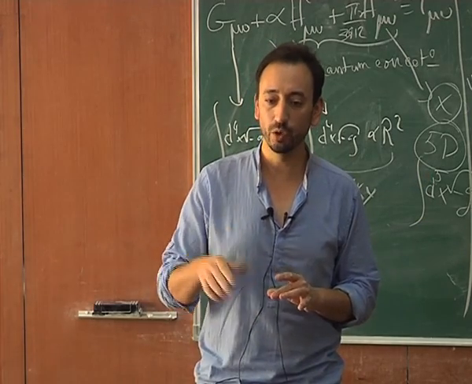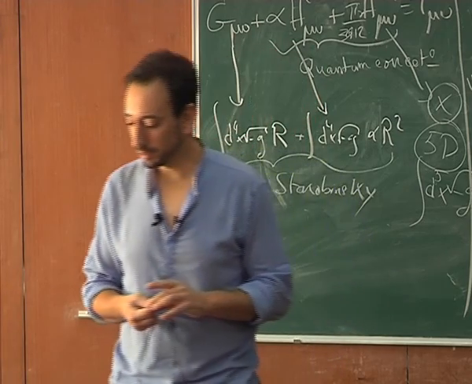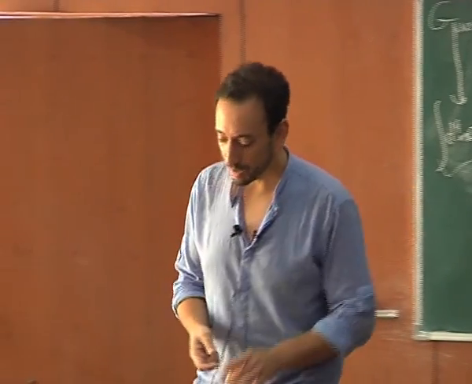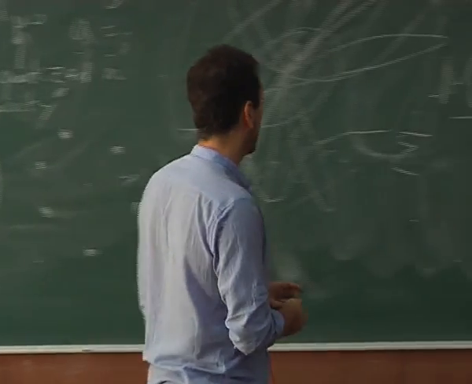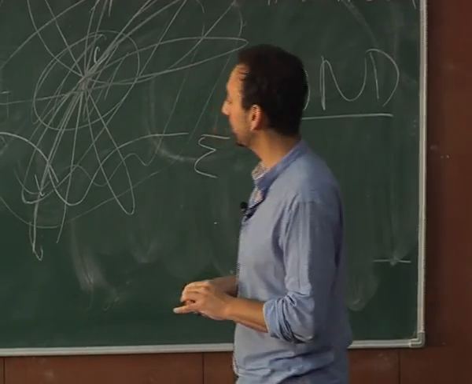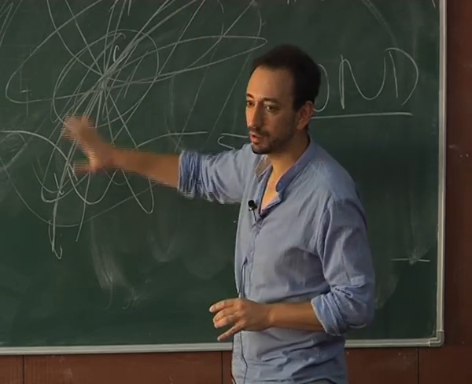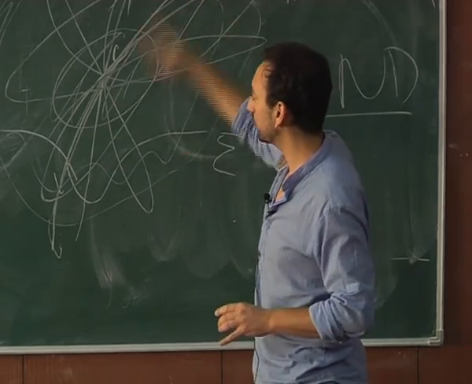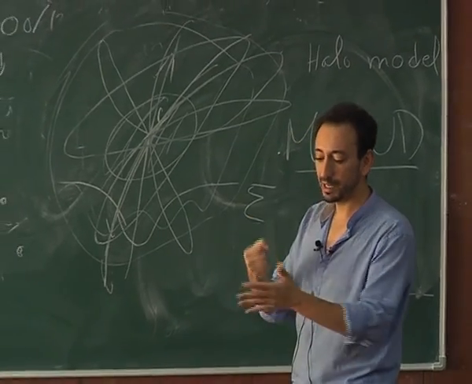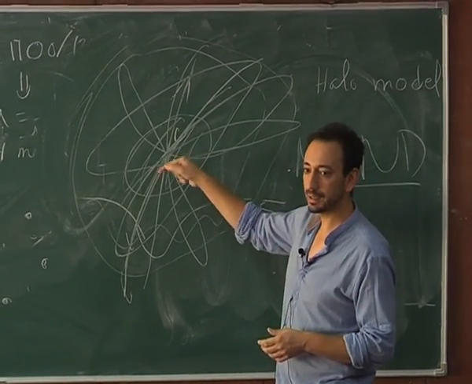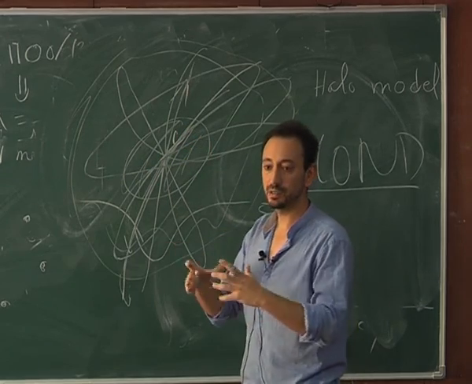But they have to be at low energy enough. We need cold dark matter. Cold dark matter means that the dark matter has a small velocity. Hot dark matter would go too fast, and every time it hits a particle in the galaxy, it will push it away, and then the galaxy will have difficulties to form.